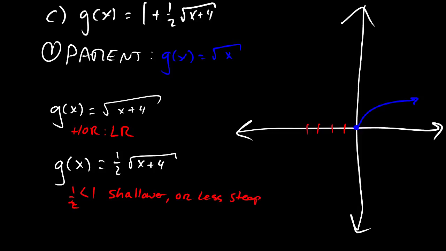So the next and last step is we're adding 1 to the quantity that is the square root of (x plus 4) times 1/2. If we're adding it to a quantity, we know it's going to be our vertical shift. It's a positive 1, so we're going up 1.